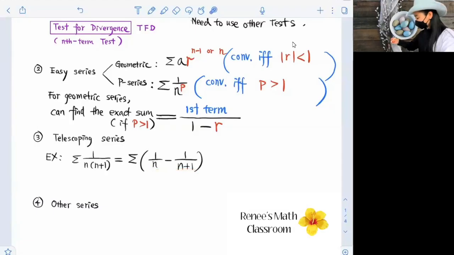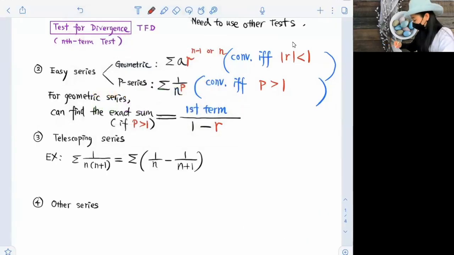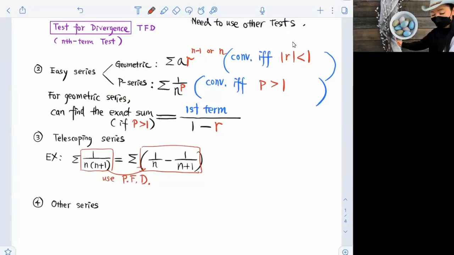Partial fraction decomposition. Yes, you got it. So from here to this. After that, you can try to find Sn, the nth partial sum. Then you have a1 plus all the way to an, and then you have those.